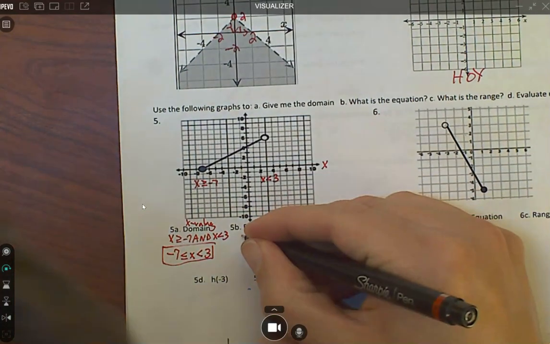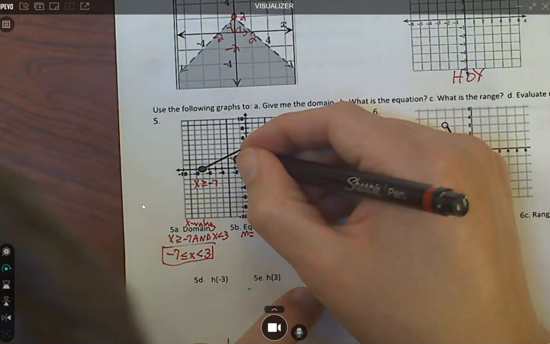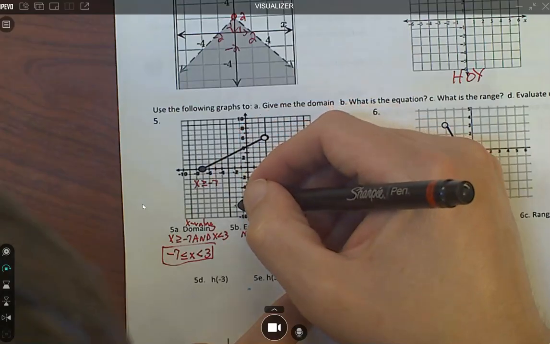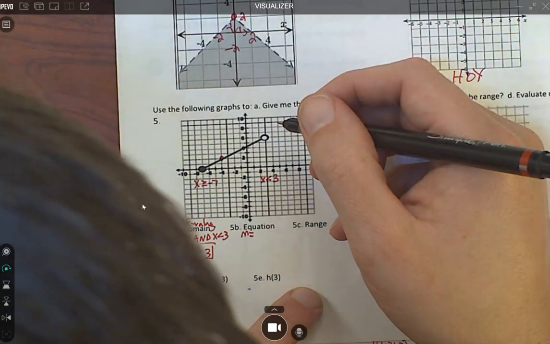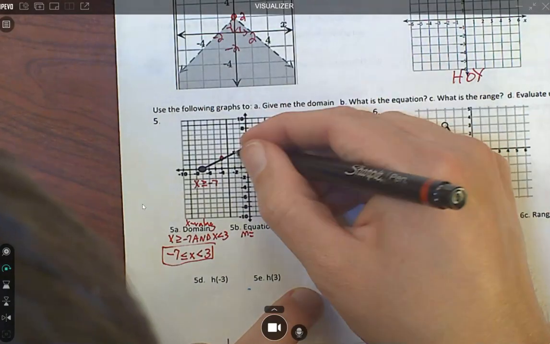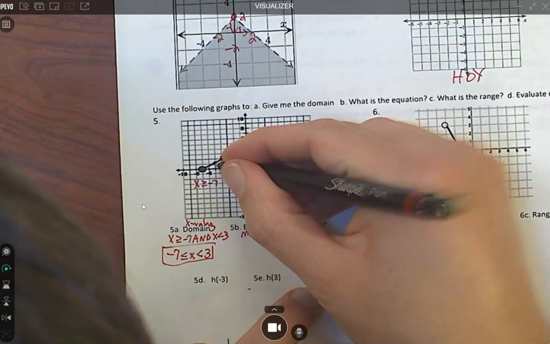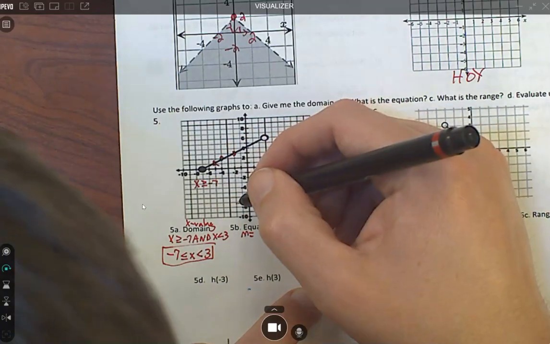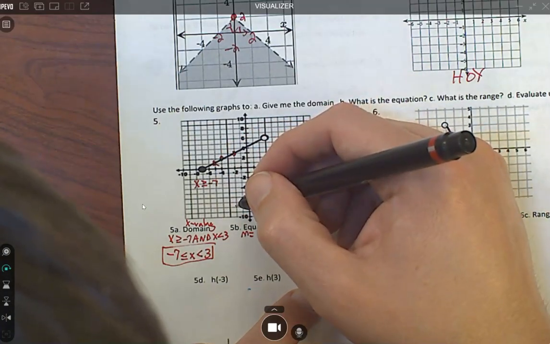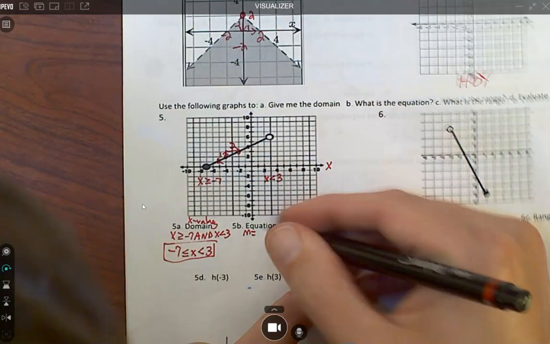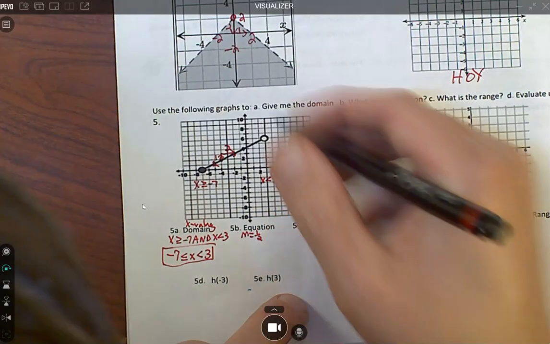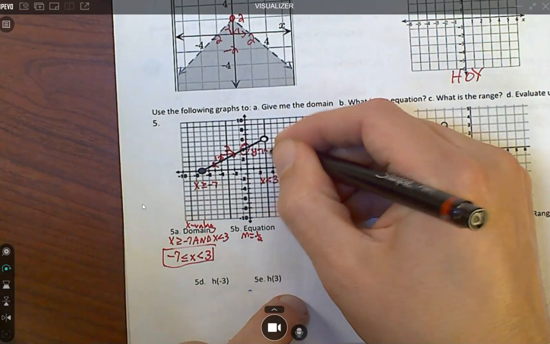Equation M. I made this one myself. Okay, I went up 1, right 2, y-intercept 0, 4.